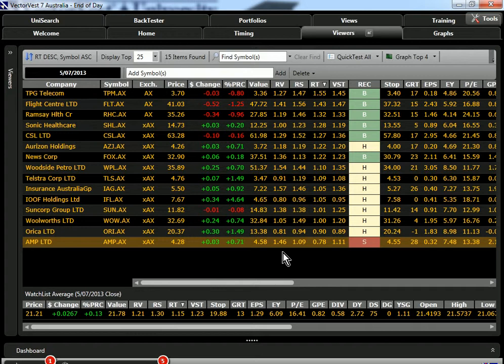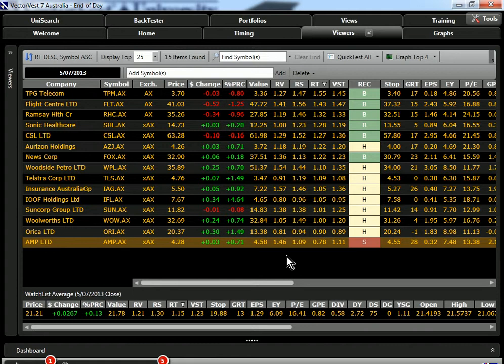Relative value is excellent on a 0 to 2 scale, so it's likely to outperform a AAA rated bond by 46% over the next 1 to 3 years. Relative safety is also good, so it's an undervalued stock with pretty good fundamentals. However, the short-term price trend is down. It's got an RT of 0.78 and it has a sell recommendation.